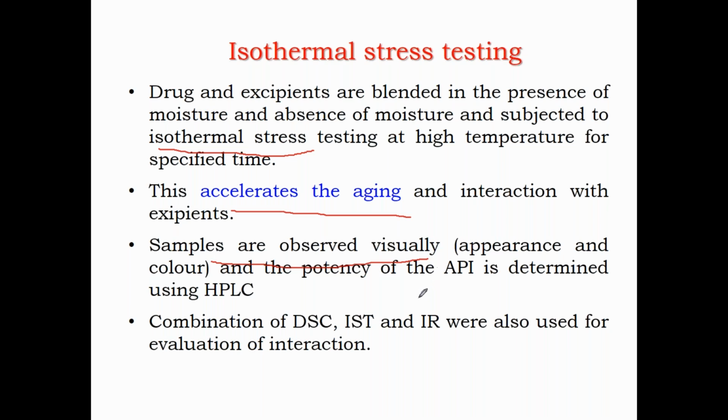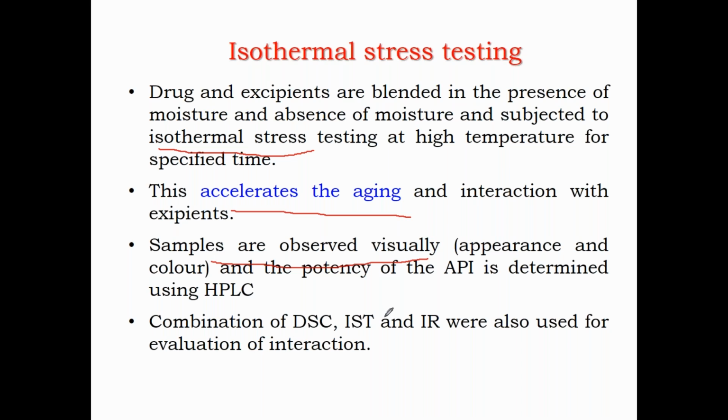As I told, we depend on analytical techniques, because many times we cannot identify the excipient drug interaction visually. But in isothermal stress testing, one of the end points you can use to say whether the interaction is happening or not is the visual method.